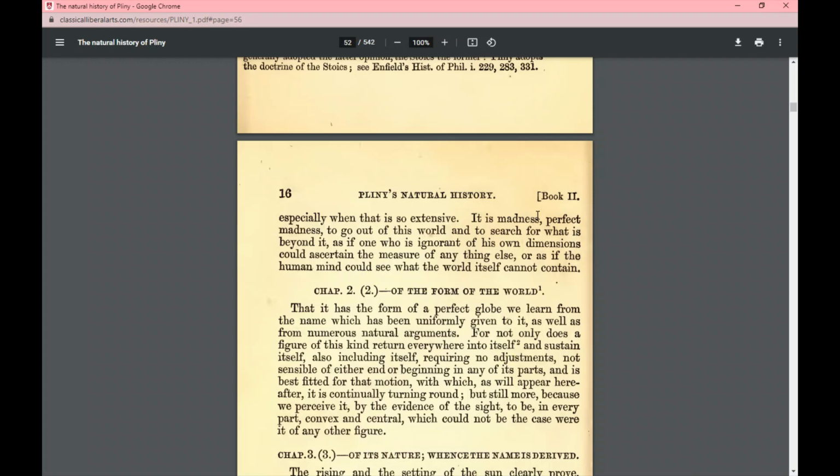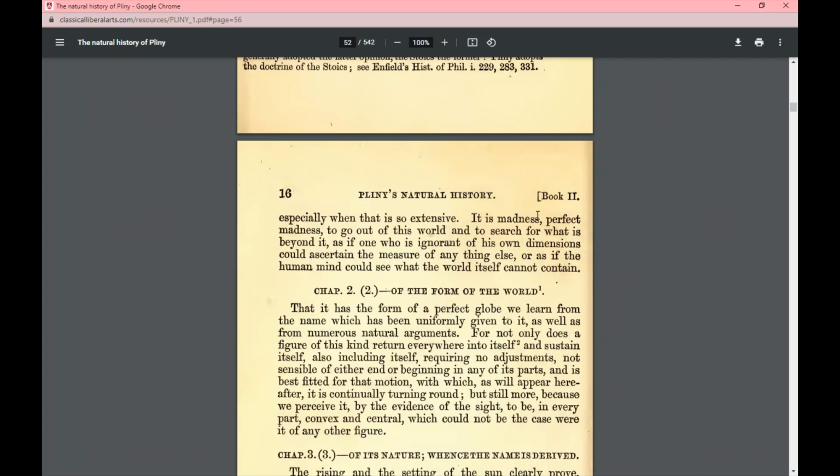We don't know about the world. It's madness, he says, perfect madness, to go out of this world and search for what is beyond it, as if one who is ignorant of his own dimensions could ascertain the measure of anything else, or as if the human mind could see what the world itself cannot contain.